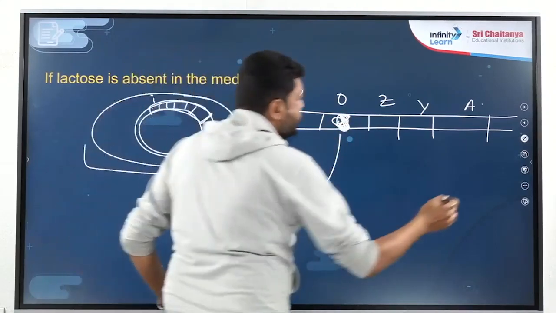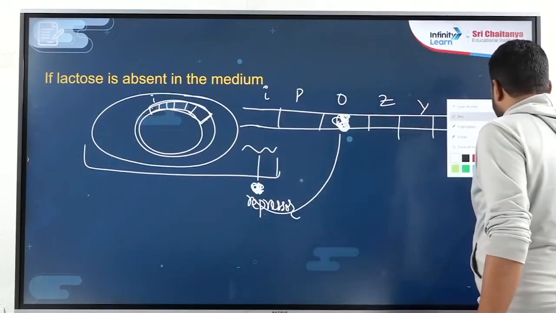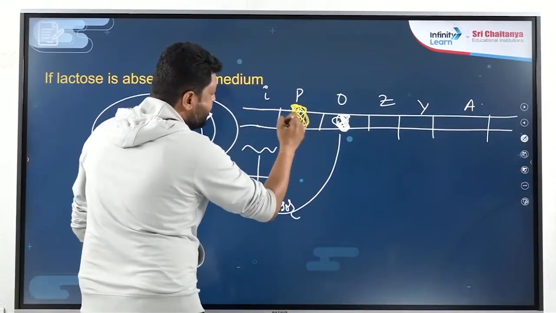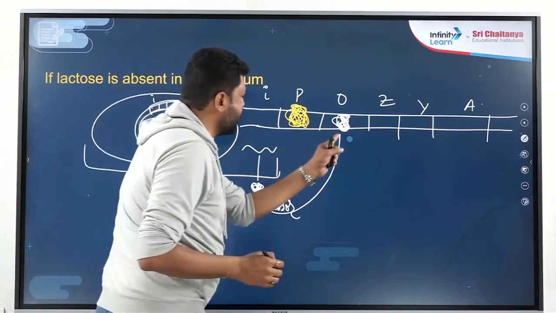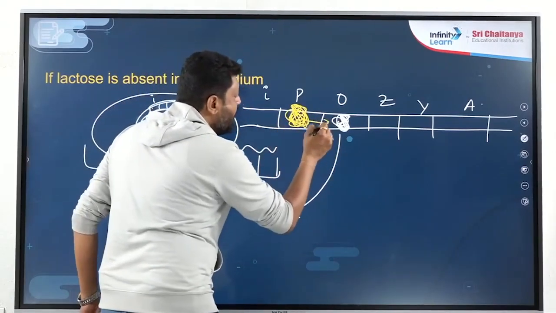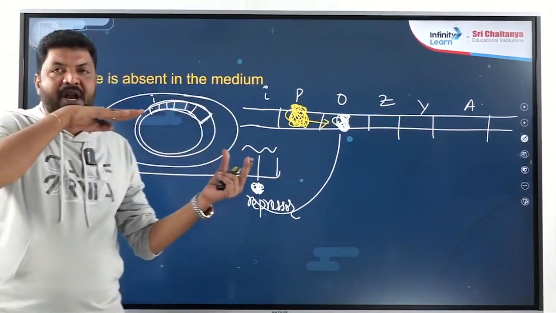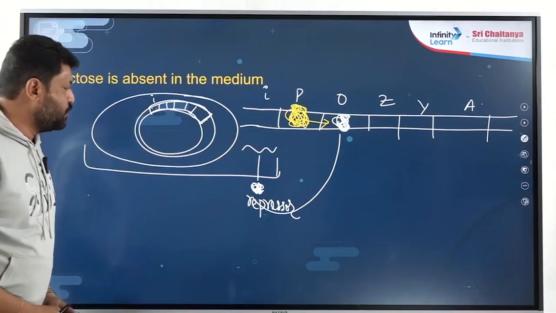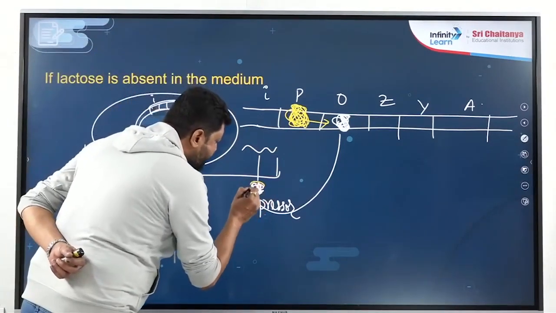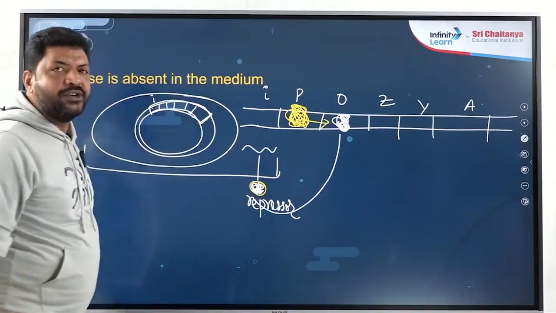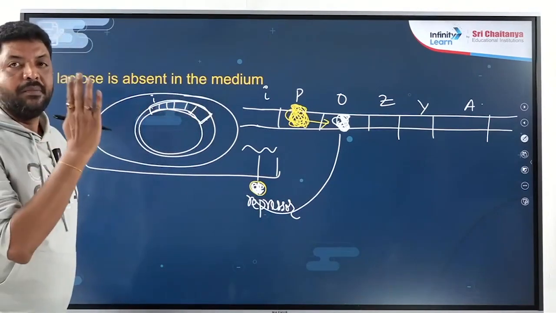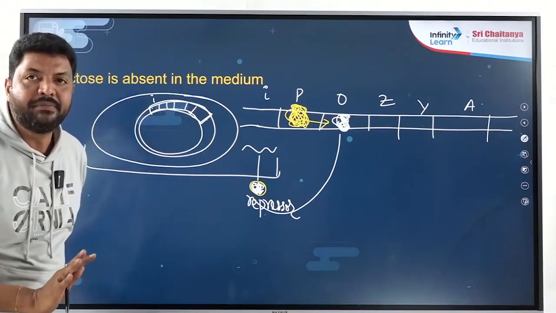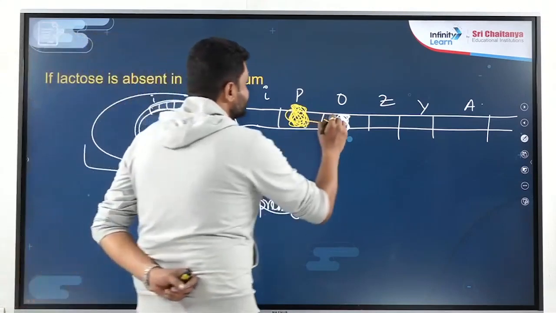Whenever RNA polymerase comes and binds the promoter, the repressor protein is already bound on the operator, so RNA polymerase cannot cross the operator because it is blocked. Remember, the binding of the repressor protein to the operator is not permanent, only 2 to 3 seconds.